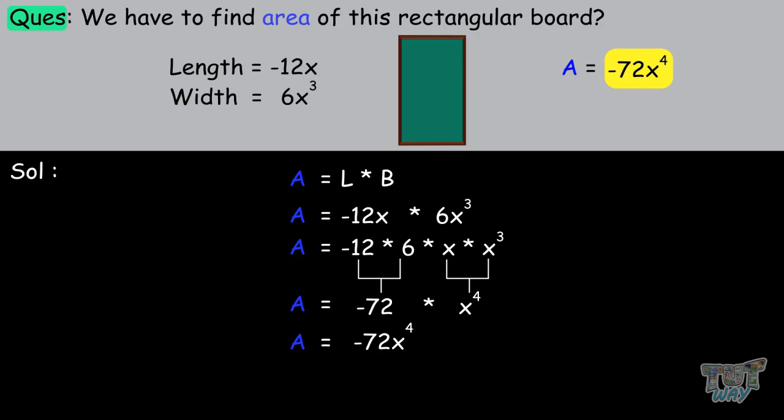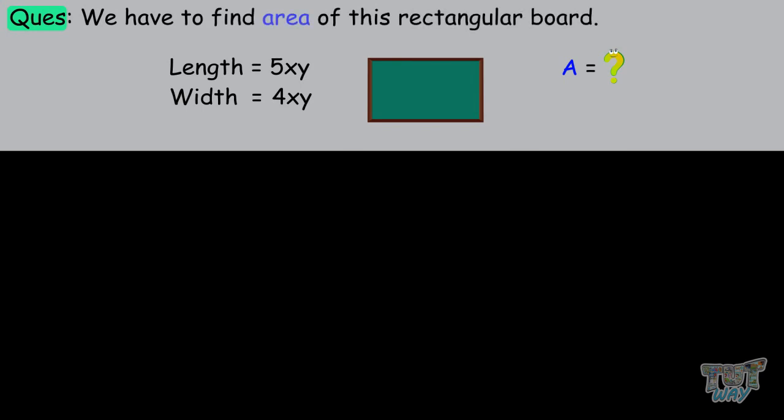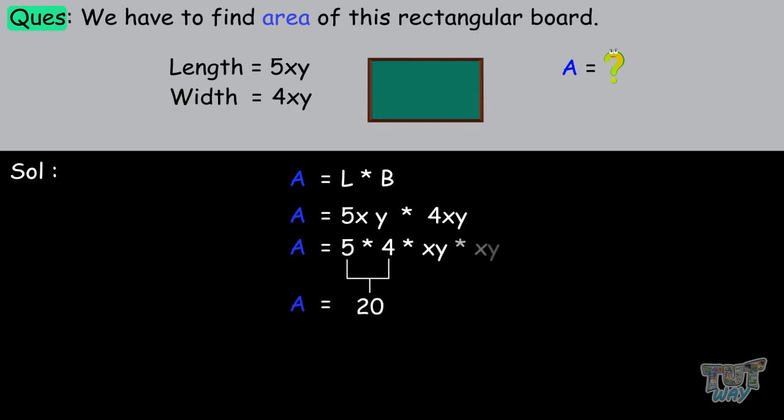Now let's have another question. This is also a rectangular board. It has a length of 5xy and a width of 4xy. Let's find out the area. The area is length times breadth. We plug in the values to get 5xy times 4xy. Multiply coefficients, then variables. So we have 20, then times xy times xy.